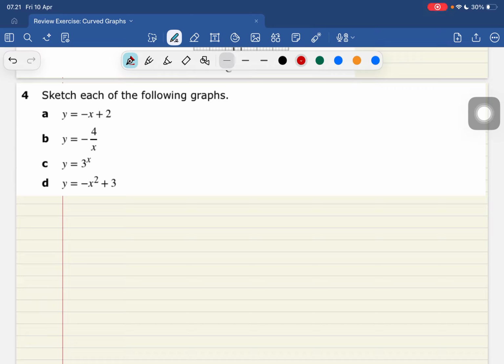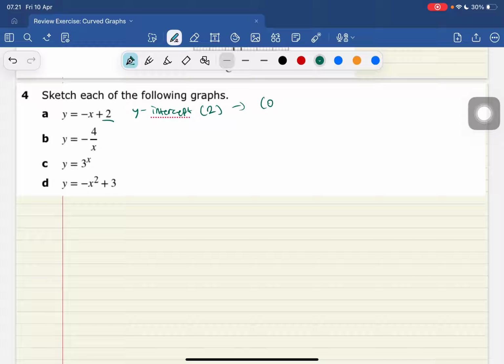Hi, in this question, I'm going to continue the review exercise for the curve graph. So number 4, we need to sketch. For the sketch, we just need the key points. Look here, we got the y-intercept equal to 2.